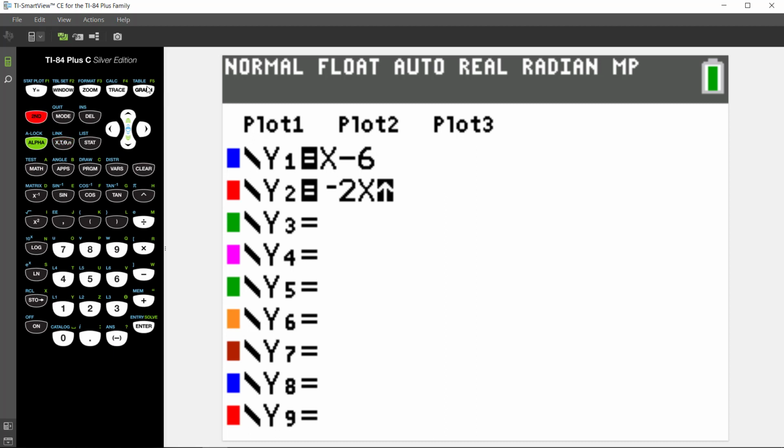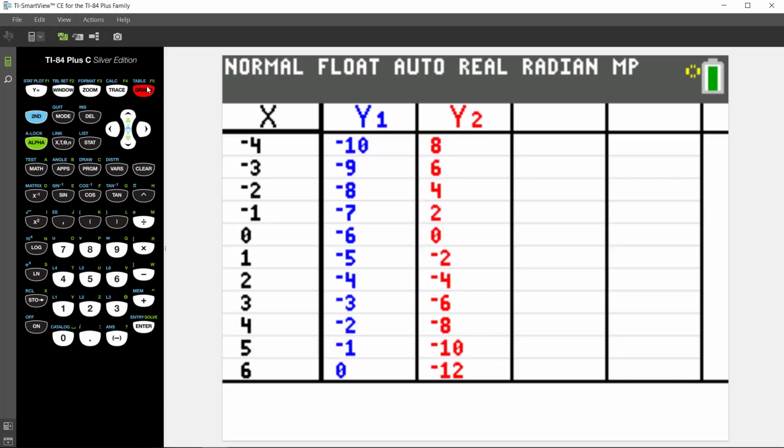So I'm going to hit second graph, and I'm just going to look at the table, and I'm looking for the point (-2, -4). Here when x is -2, the first graph is -8. So it's not on the first line, and it's not on the second line.